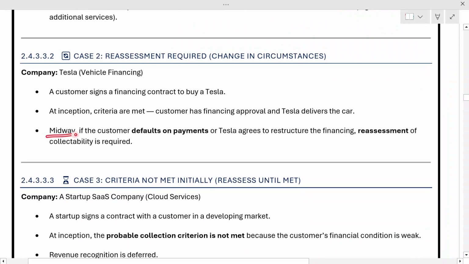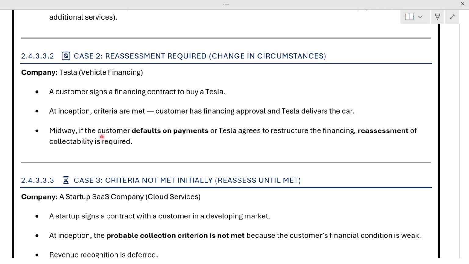Now midway, let's suppose this contract was for 20 years. Generally it won't happen for 20 years, but for example let's take 20 years, and after 3 years the customer becomes bankrupt and won't be able to pay the Tesla's remaining EMIs or installments to the financing bank.